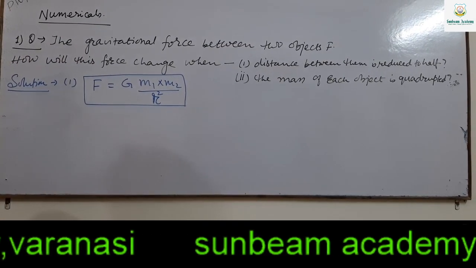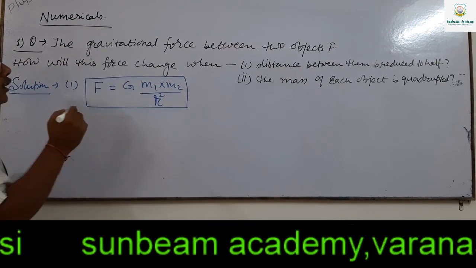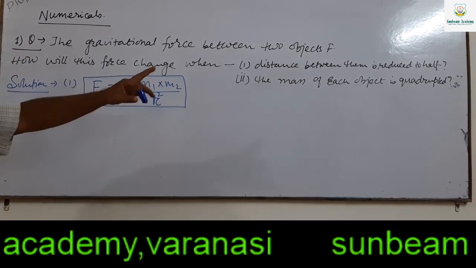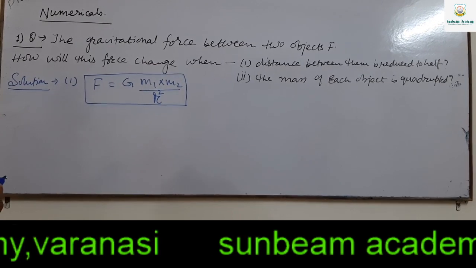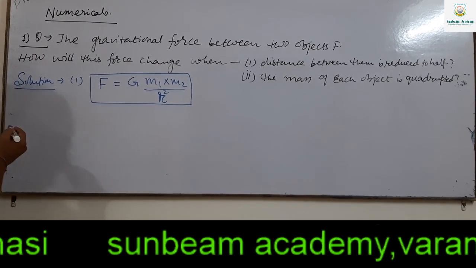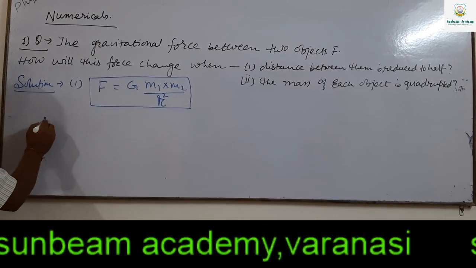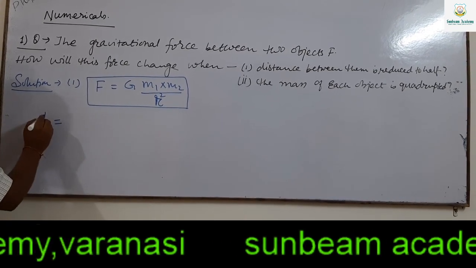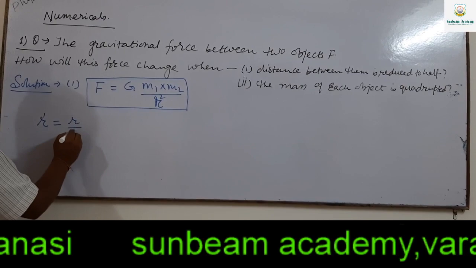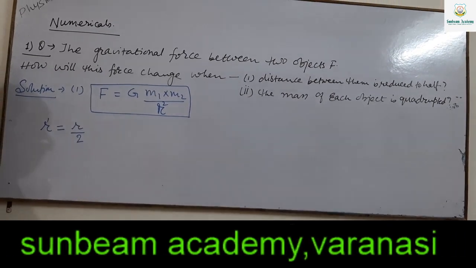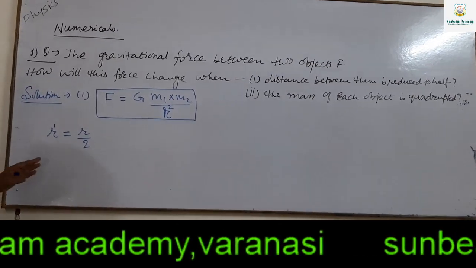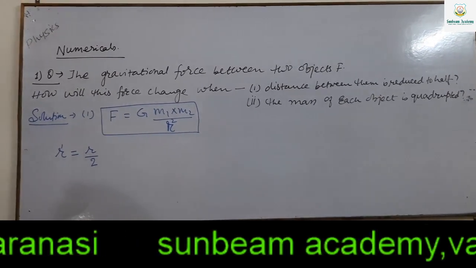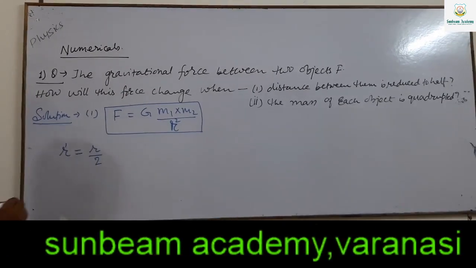Now here, how does this gravitational force change when the distance between them is reduced to half, means r dash is equal to r by 2. R dash now becomes r by 2, reduced to half.